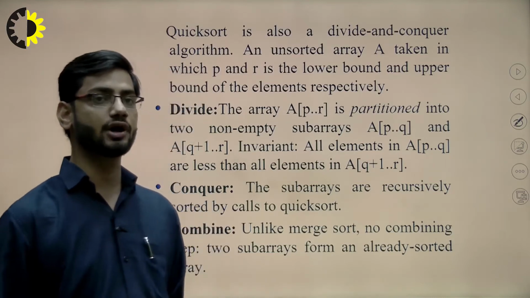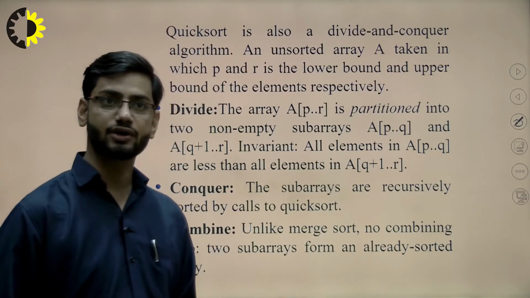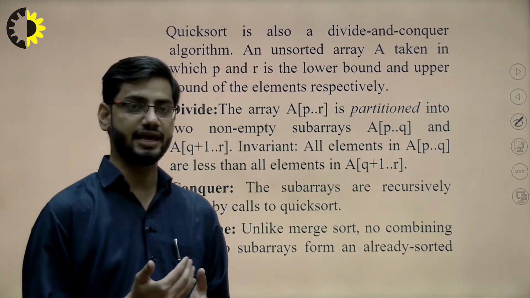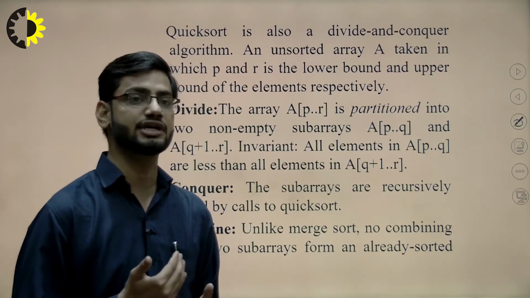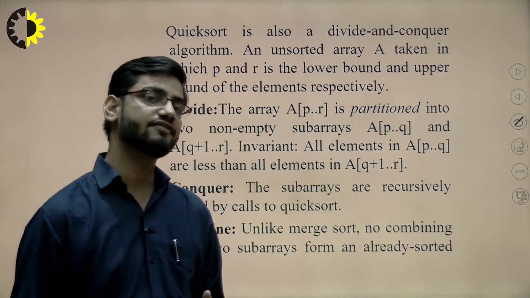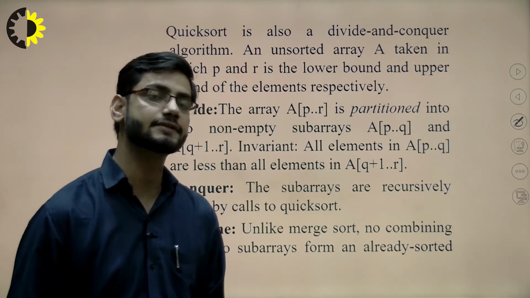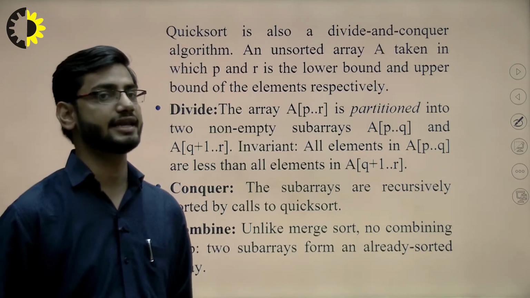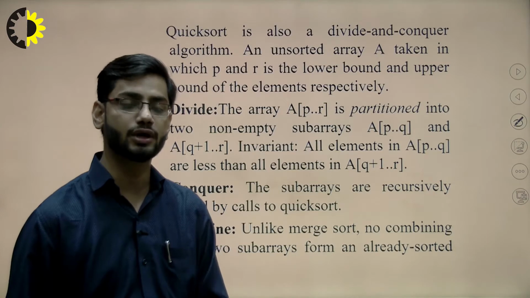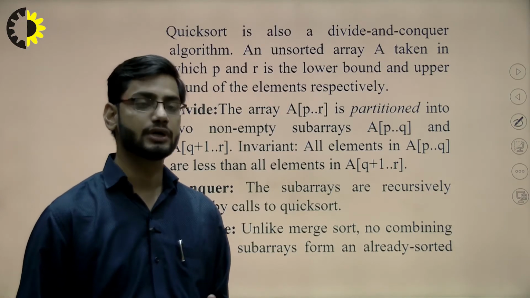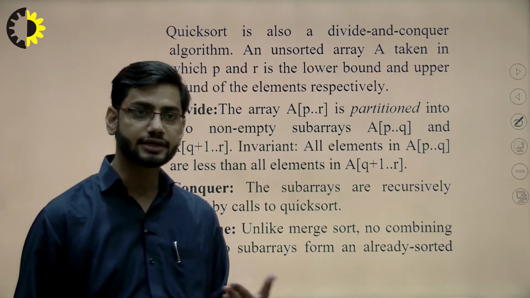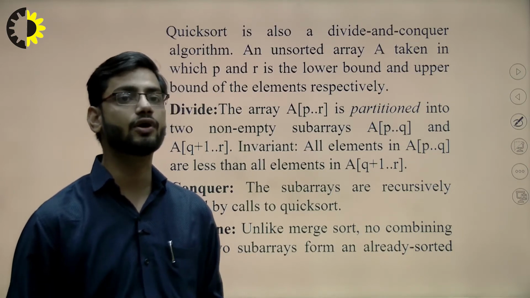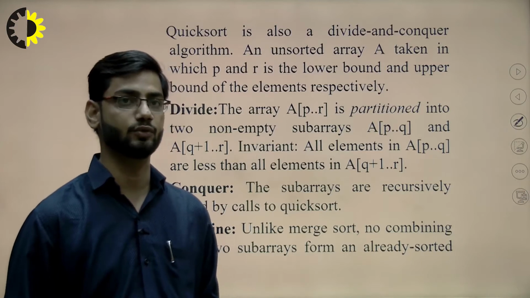So this quicksort depends on the divide and conquer approach. It divides the given array into sub arrays until we have a sub array of size 1. If we have a sub array of size 1, the array is itself sorted, so there is no need of further division. So it recursively divides the parent array into sub arrays until we get arrays of size 1.